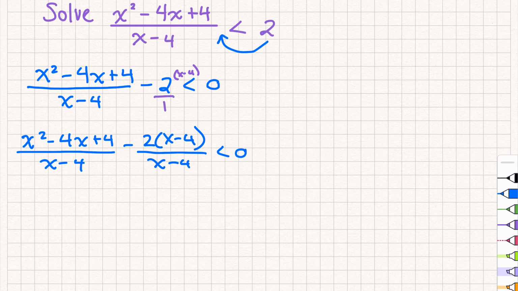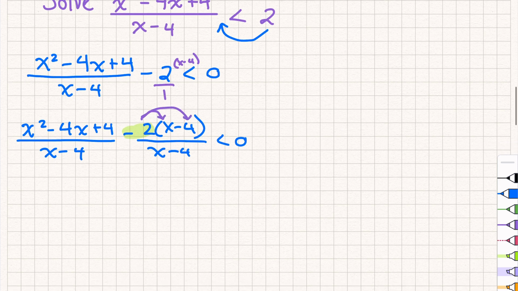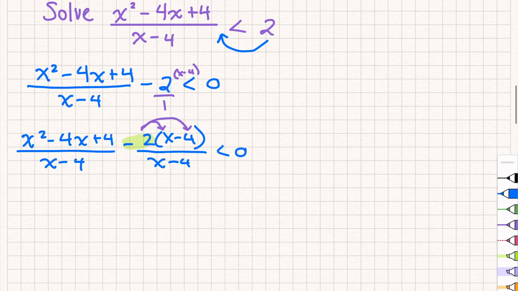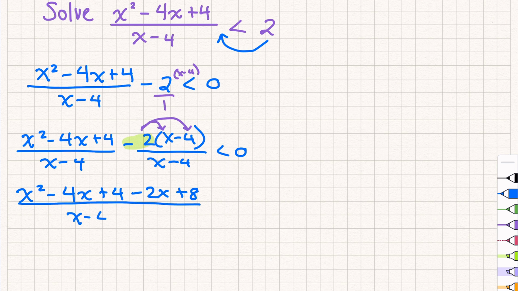So keep in mind when we distribute, we're using -2. So when we distribute this, make sure you're taking into account the negative. That's a common mistake. So now we have x squared minus 4x plus 4 minus 2x plus 8 over x minus 4 is less than 0.